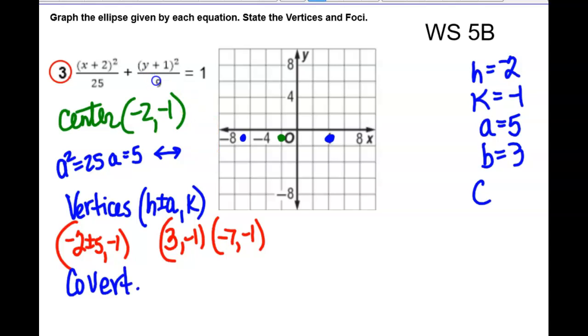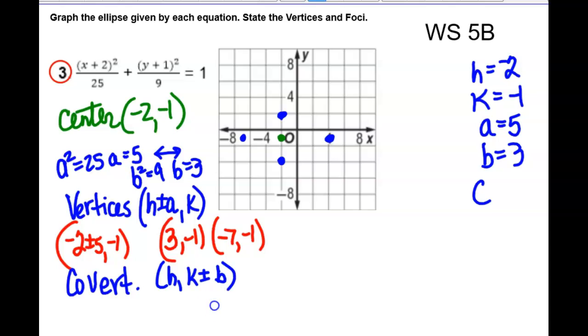How far out are we going in the y direction, up and down? Well, b squared is 9, so b is 3. So that's 3 up, which is 1, 2, 3 right here. The formula on the sheet will say H comma K plus or minus B. Is that what it says?